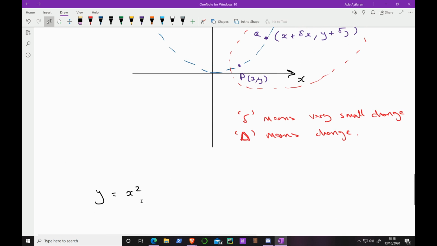What would the point Q be? Hint, hint. It's a simple substitution. Q is a simple substitution. We need to change this y equals x squared to represent what Q is, reminding ourselves that Q is a small distance away from our values of x and y.